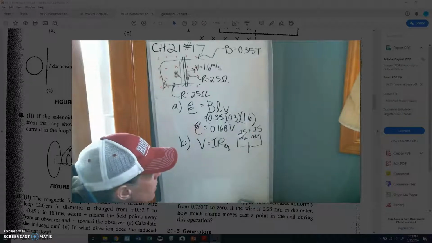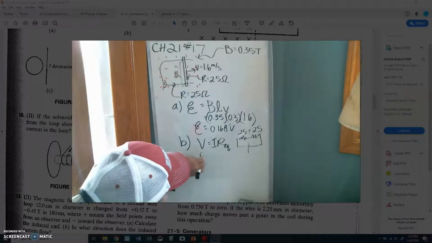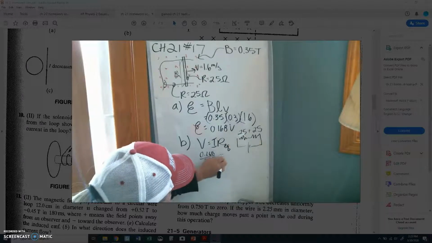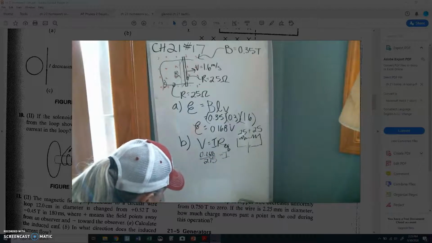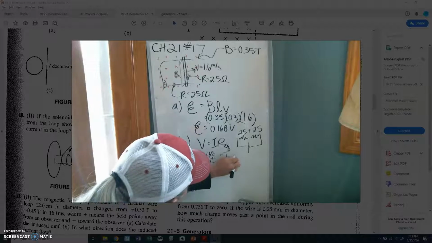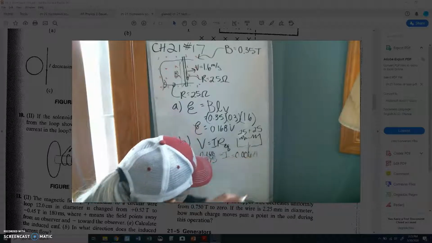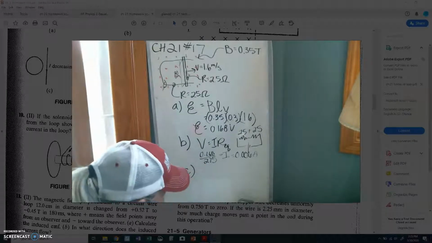They are in series, one after another, as far as current flow through here. So 0.168 divided by 27.5 gives my current, which is 0.006 amps.